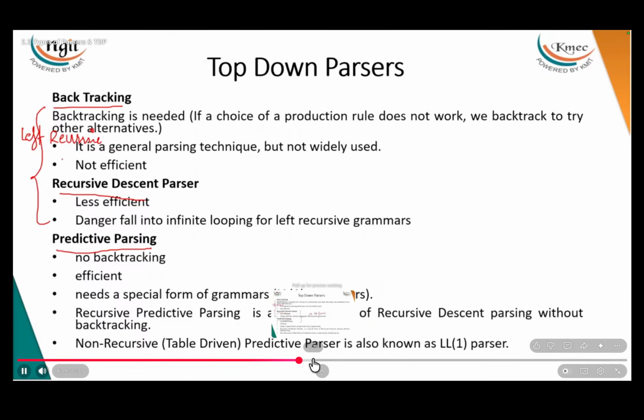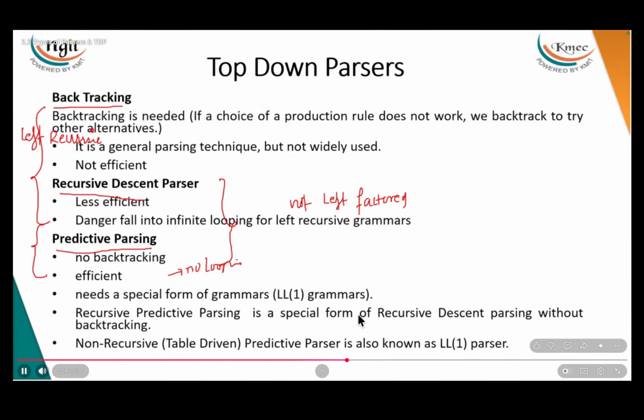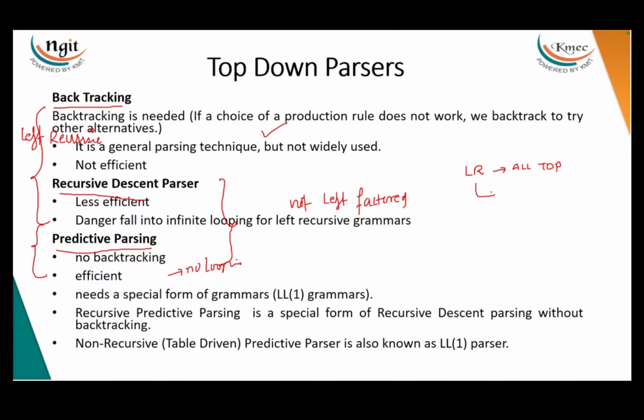To overcome that, left recursion is not suitable here, but backtracking can deal with the left factored grammar. You can say like this: left recursion is not suitable for all top-down approaches, but it gives infinite looping for backtracking and recursive descent parser.